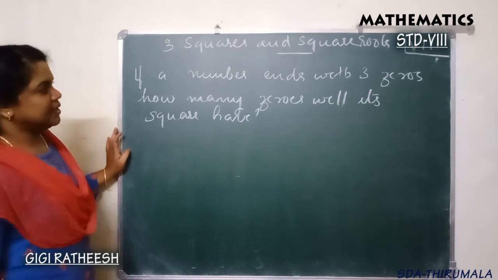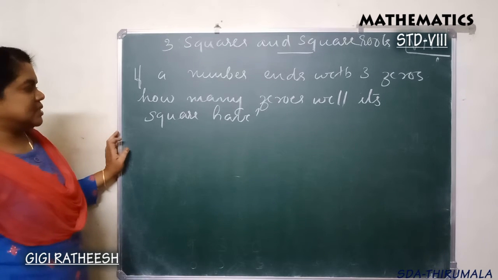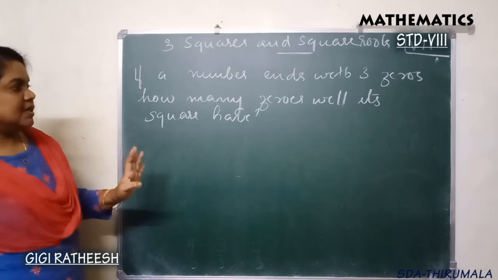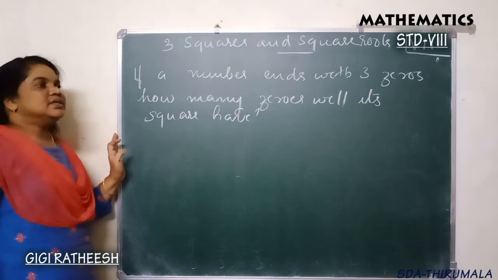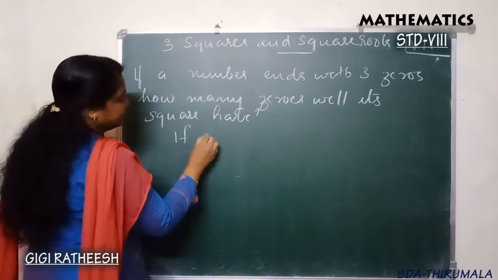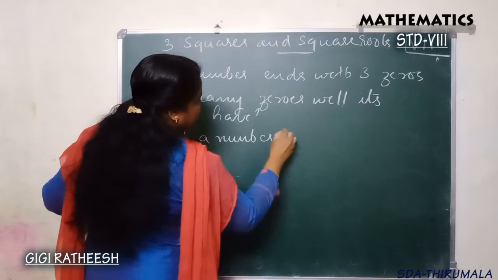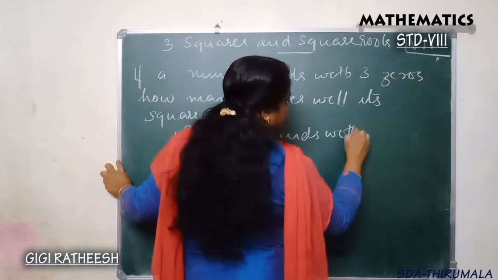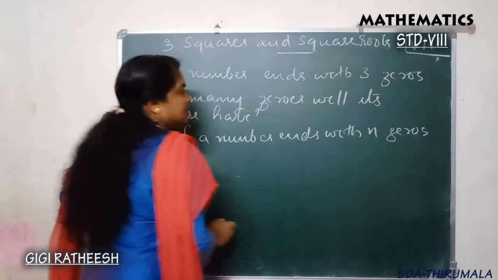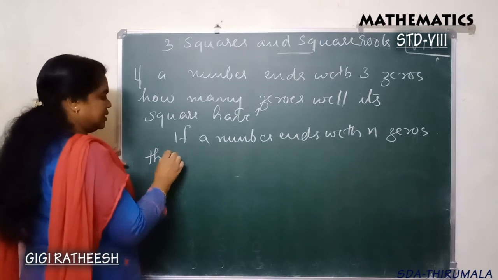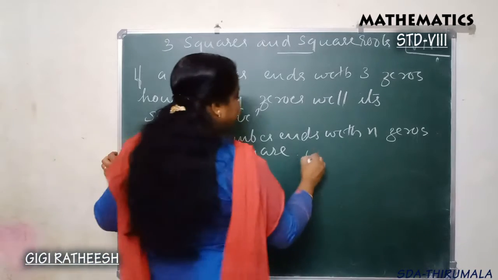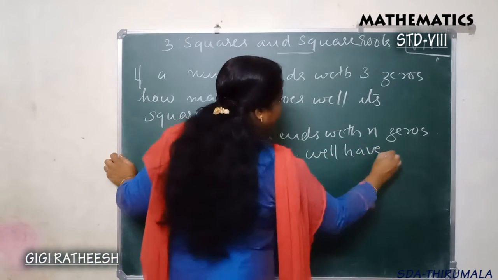There is a question: if a number ends with 3 zeros, how many zeros will its square have? We know that if a number ends with n zeros, then its square will have 2n zeros.